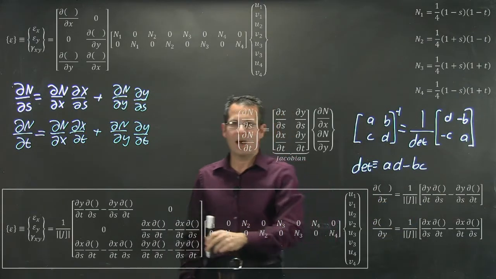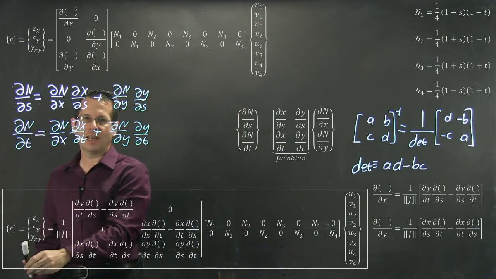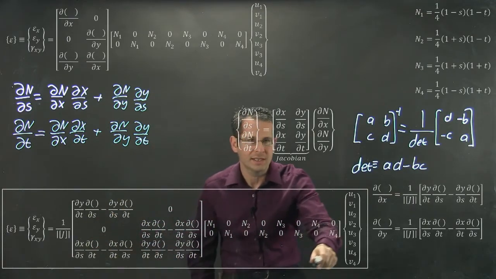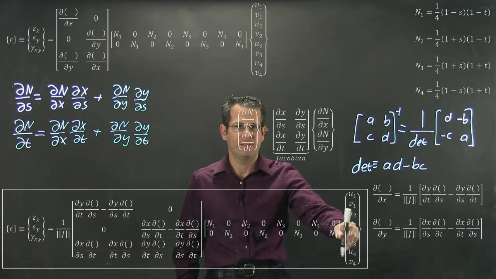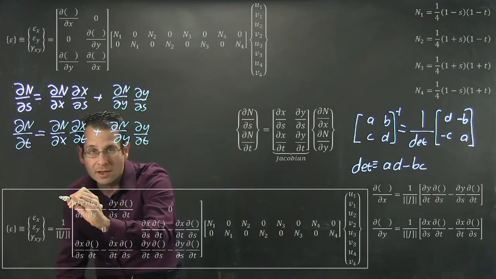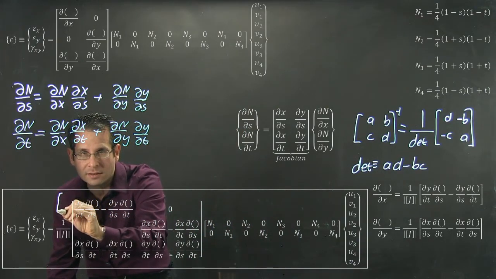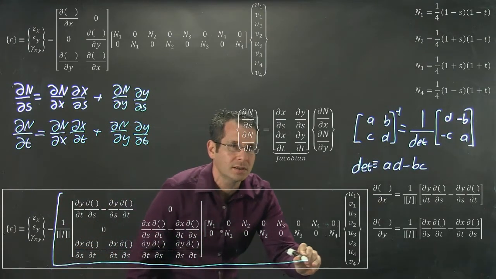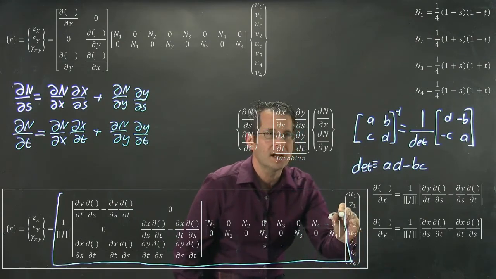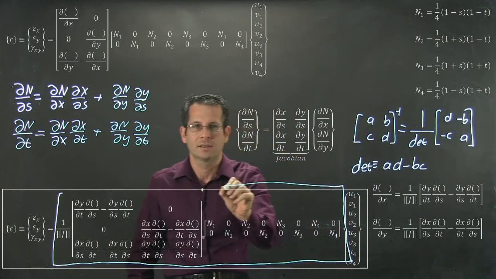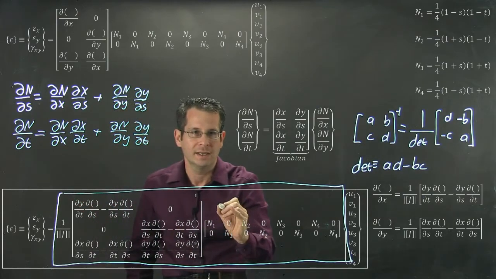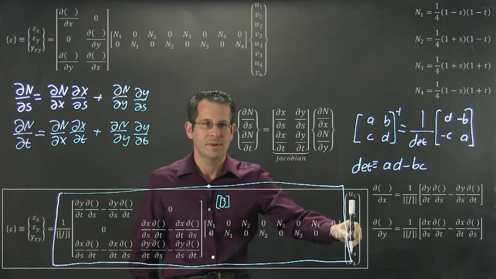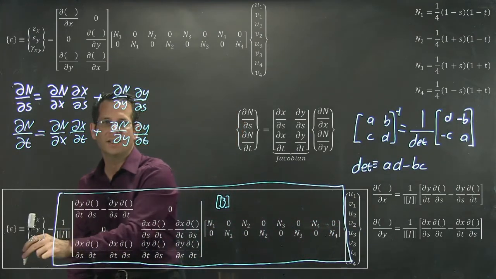Okay, so now I can relate my strain with all of this times my displacement vector. What that means is all of this, including the 1 over the determinant of the Jacobian, my operator matrix times my shape matrix, all of this is my B matrix, which relates my displacement vector to my strain vector.